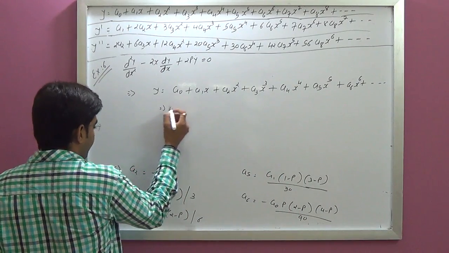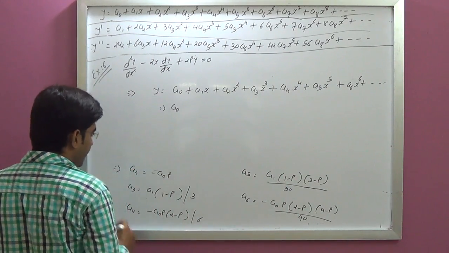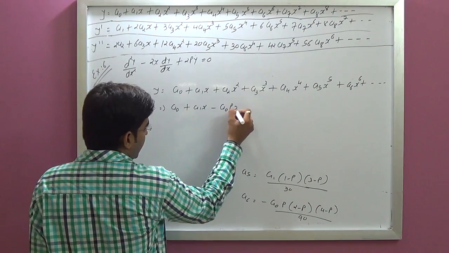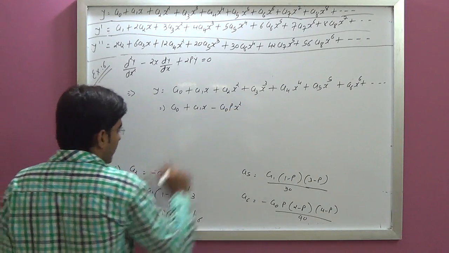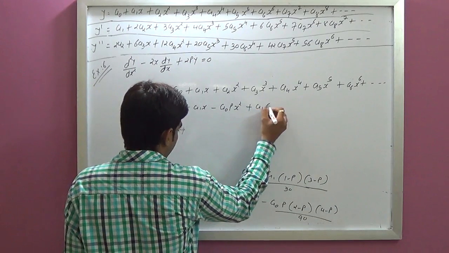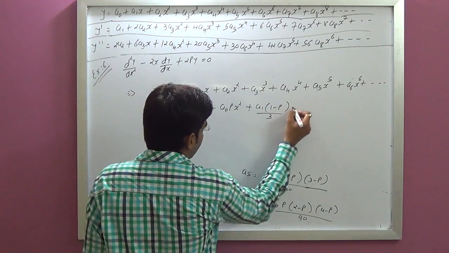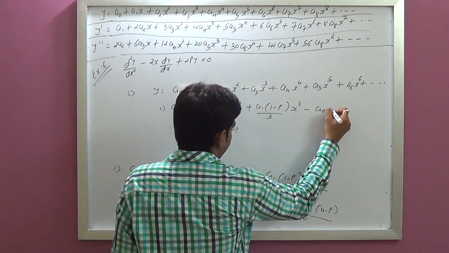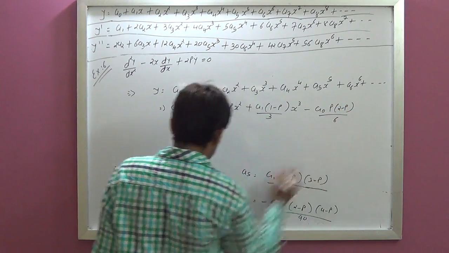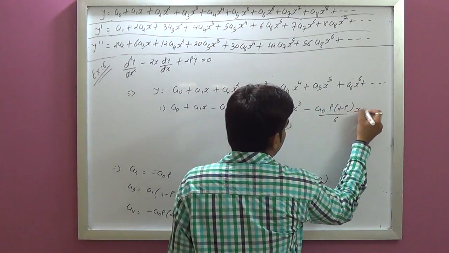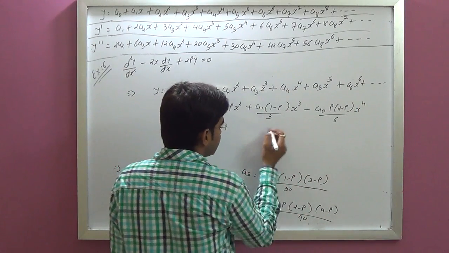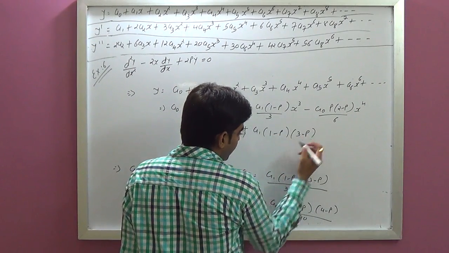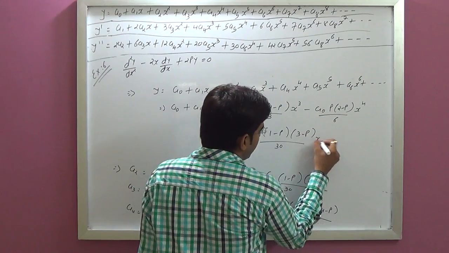Let us put all the values. That means a0 as it is, a1x as it is, a2 value is minus a0p x square, right? a3 value is plus a1 1 minus p by 3 x cube, right? a4 value is minus a0p 2 minus p by 6 into x raised to 4, right? a5 value is a1 1 minus p 3 minus p upon 30 x raised to 5.